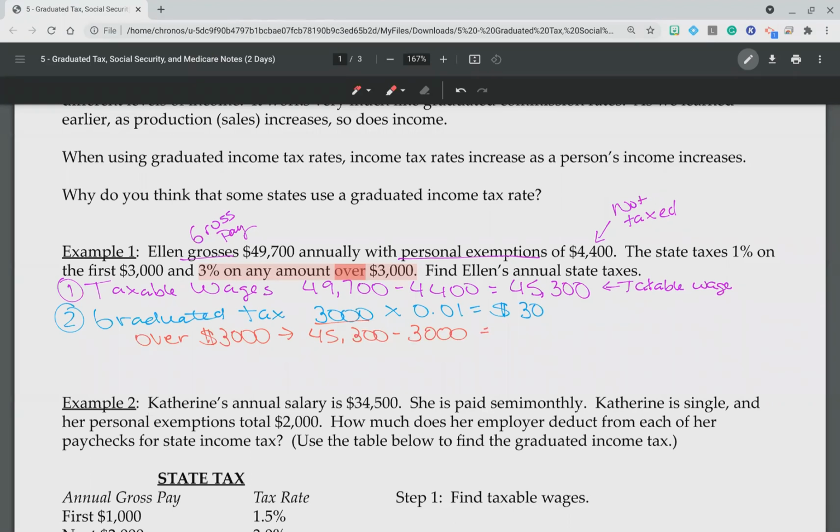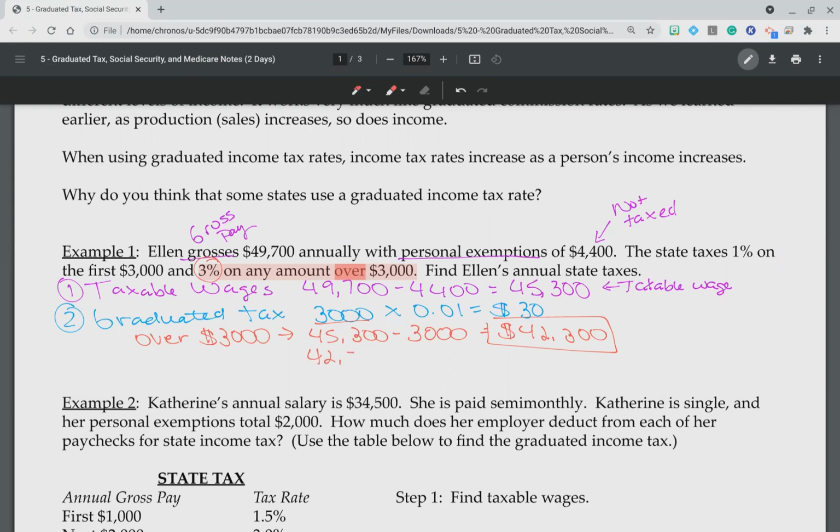And what we have left is 42,300. So this is the number that she was paid over 3,000, and we therefore multiply by the 3% income tax rate.